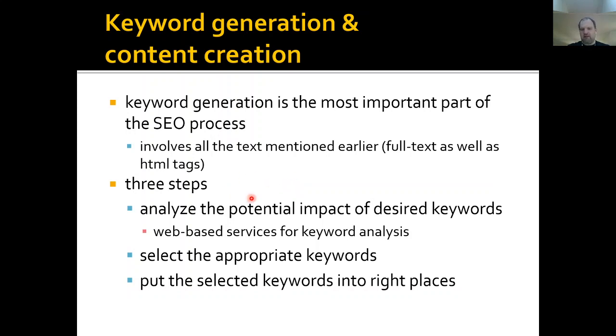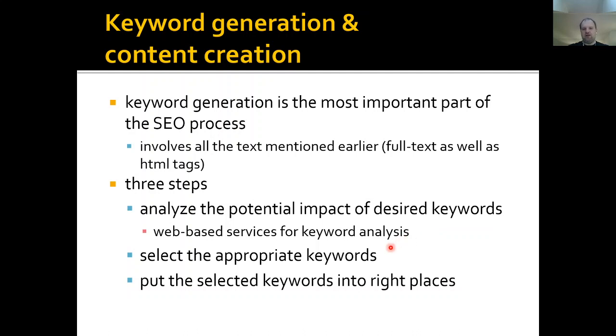First, we need to analyze the potential impact of the keywords, and for this there are many web-based services for keyword analysis. It's good to know whether a particular keyword has a theoretical chance to be used by users for searching or not.